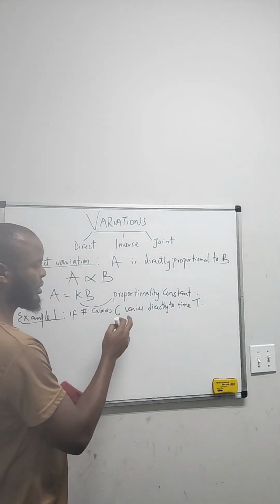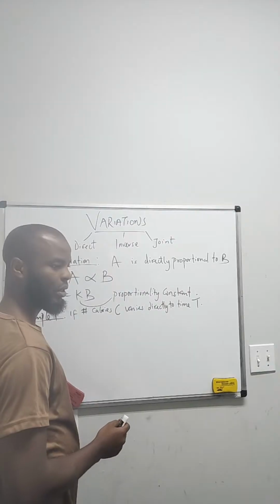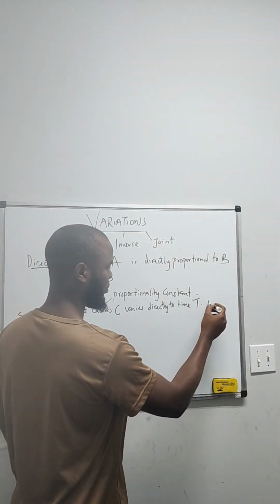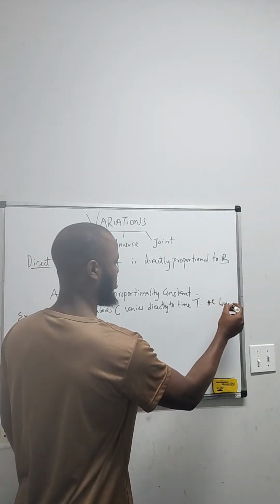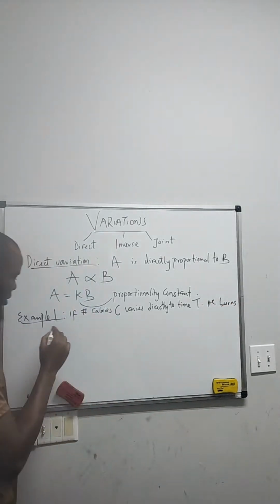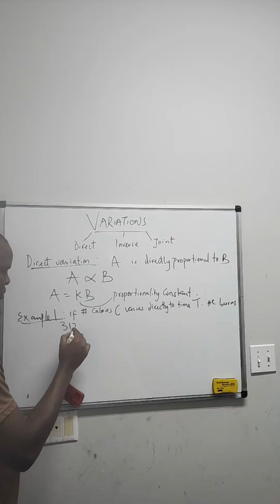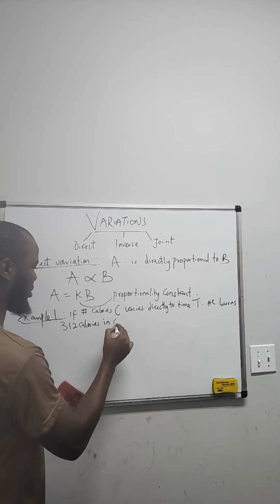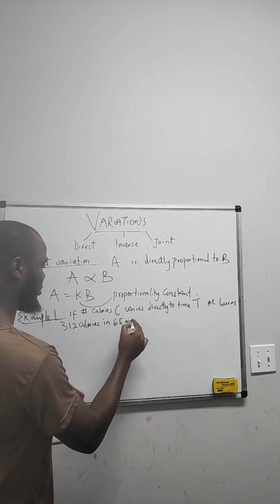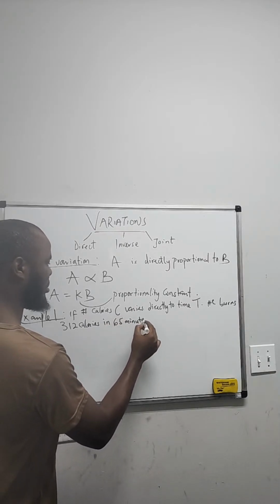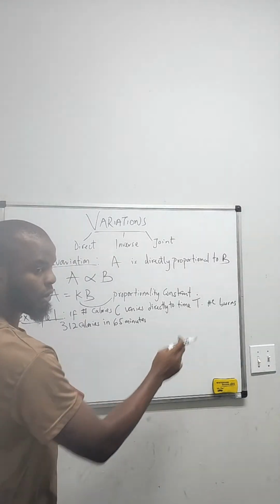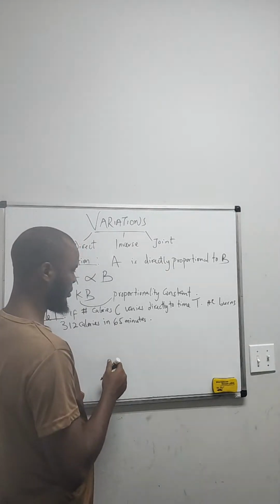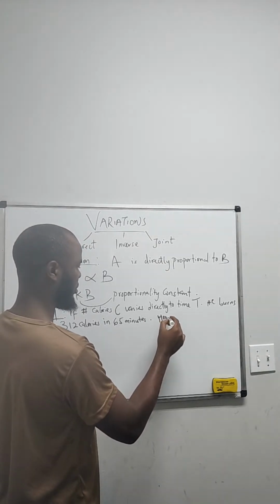If the number of calories C varies directly to time T, he burned 312 calories in 65 minutes. So the time is in minutes, right? Okay. Proceed. How many calories will he burn in 90 minutes?